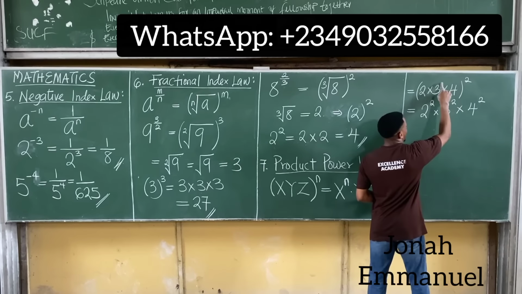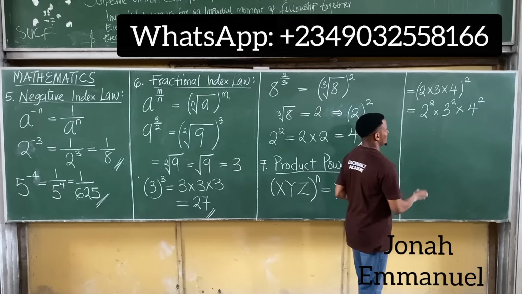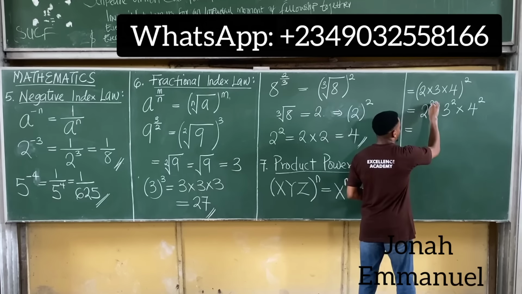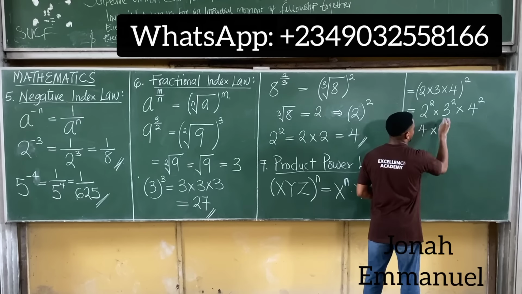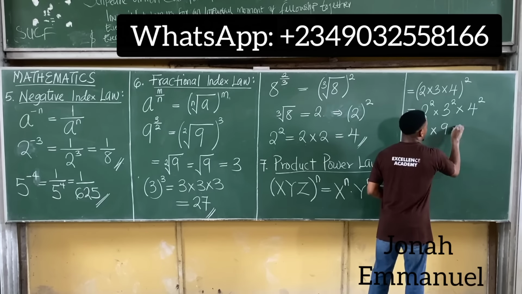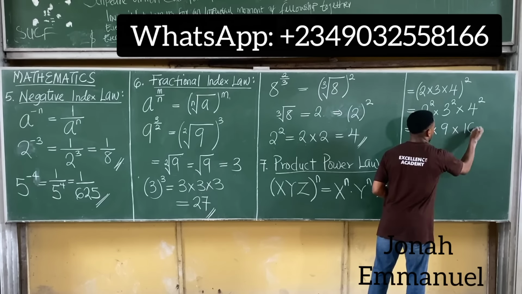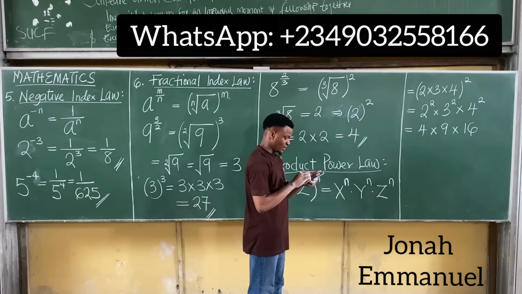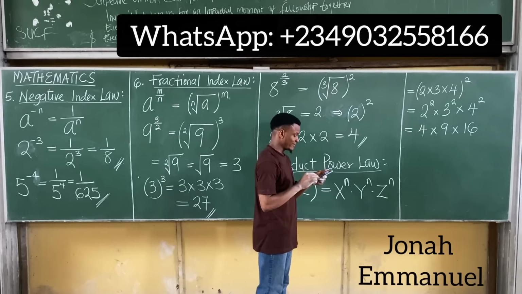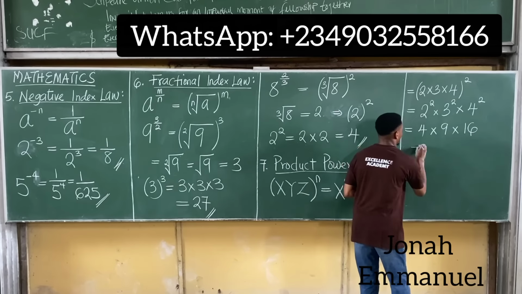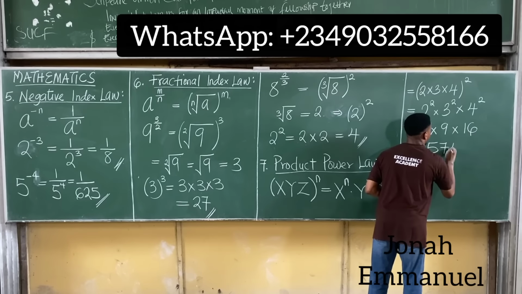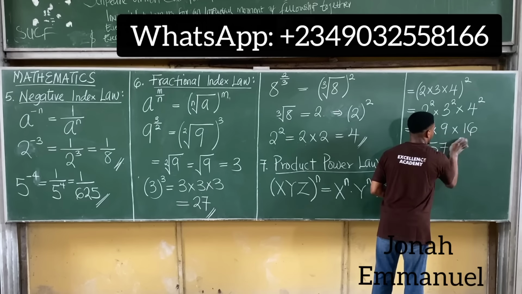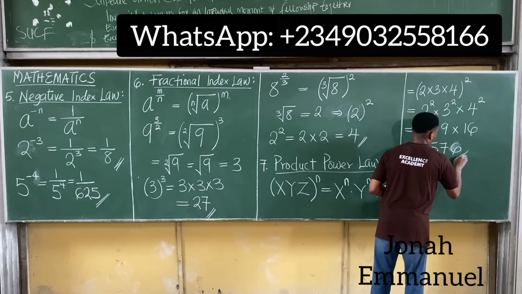So the 2 becomes the index of each of them, and that's equal to 2 to power 2 is 4, multiplying 3 to power 2 is 9, multiplying 4 to power 2 is 16. So we now have 4 times 9 times 16. If I punch that, 4 times 9 times 16 gives you 576. So I'm having 576 as my answer.